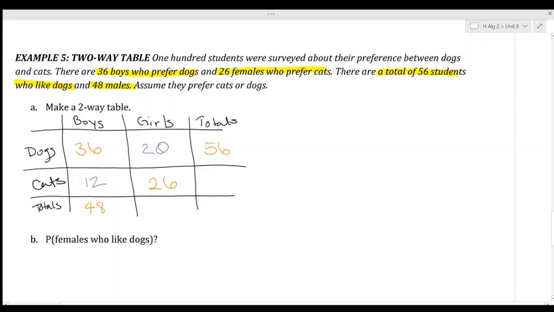And then now we're going to add for the rest of our totals. 20 plus 26, that means 46 girls. Number of people who like cats, 12 plus 26, which is 38. And the totals all together, these two should add to the same thing, which is 70. No. Miss R, learn how to add. 94.